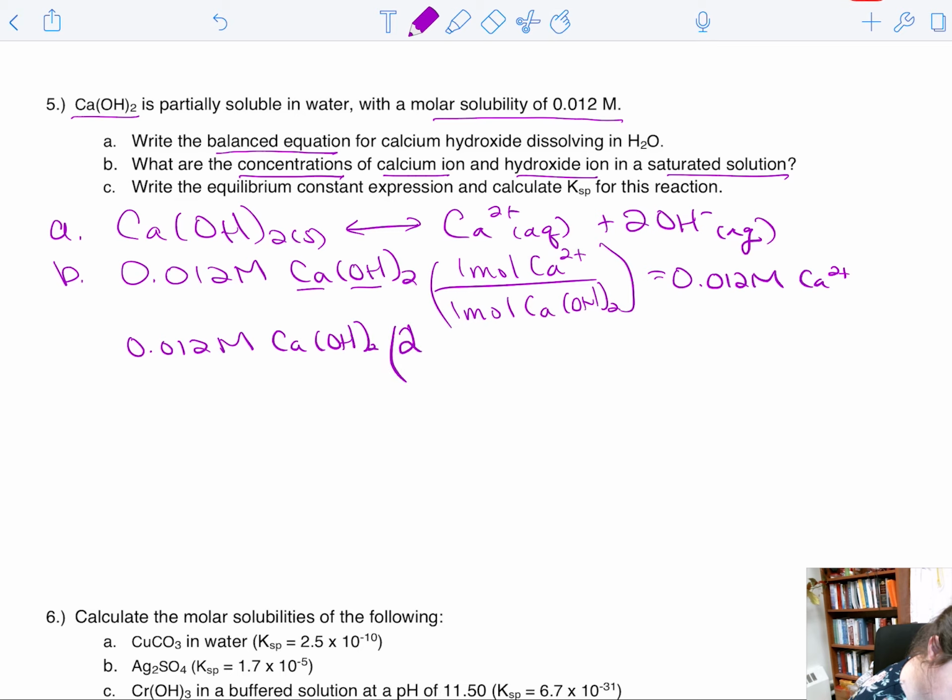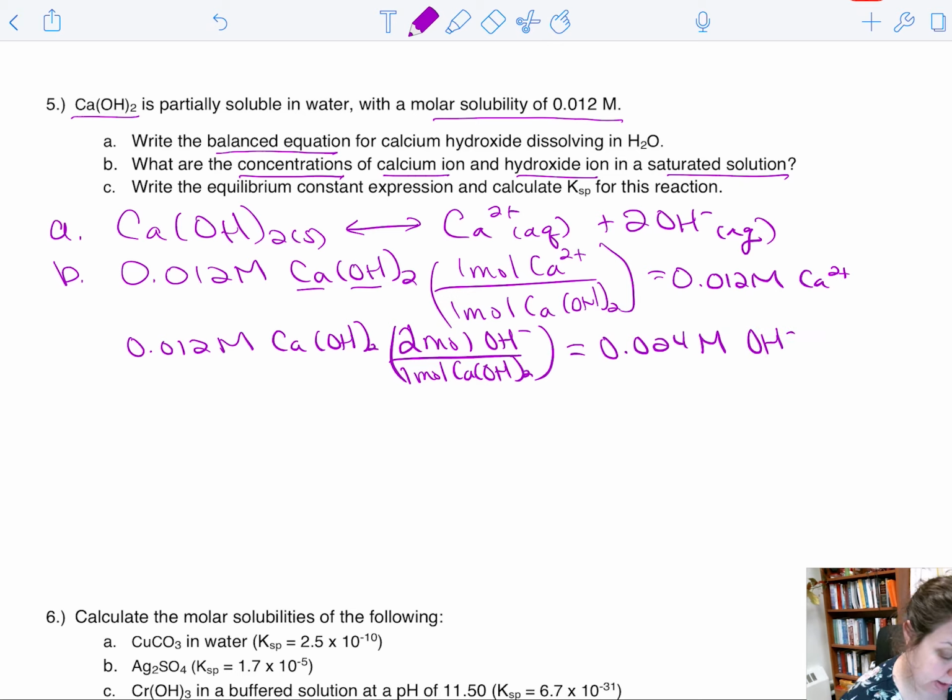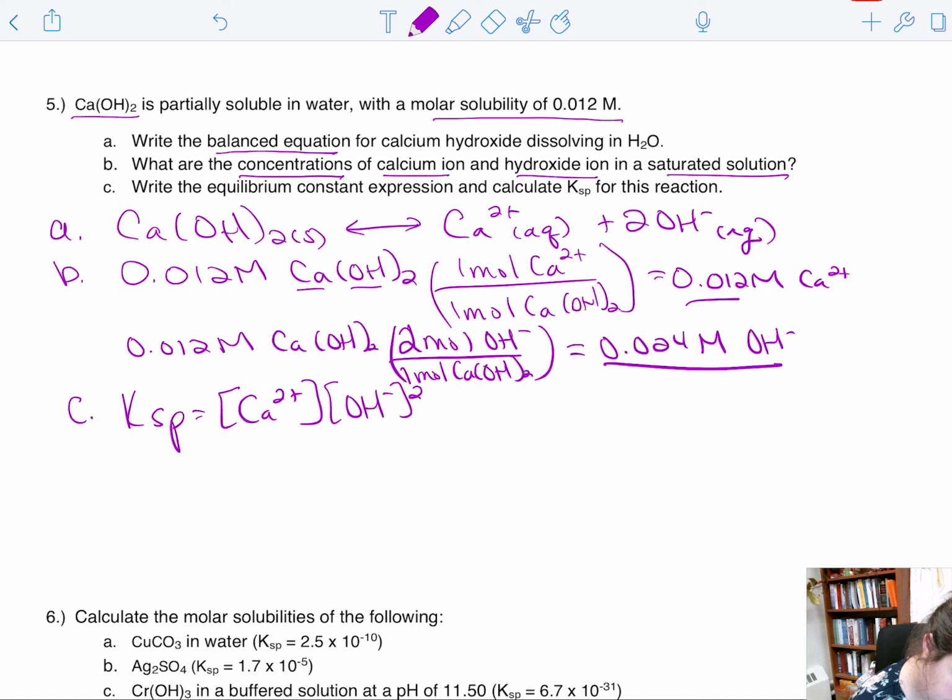Except for this case, we have 2 moles of hydroxide for every 1 mole calcium hydroxide. So we get 0.024 molar hydroxide ions. Okay. We then want to solve for our equilibrium constant expression. So in this case, KSP is equal to calcium 2 plus hydroxide minus squared, and we'll just put these concentrations right here into here.